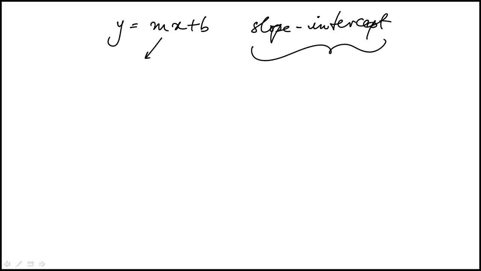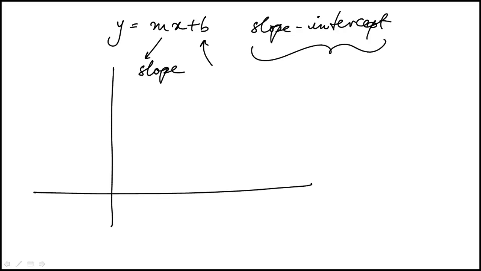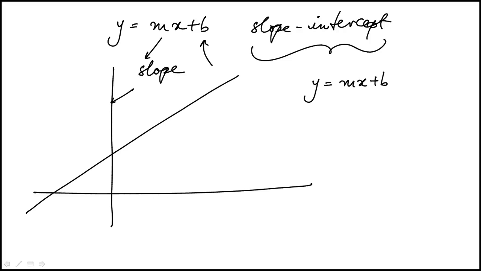So m, we noticed earlier, was the slope. So m is the slope. Now the question is, what is b? The way you can visualize this is that if I draw this line, and I say, where does this line intersect the y-axis?